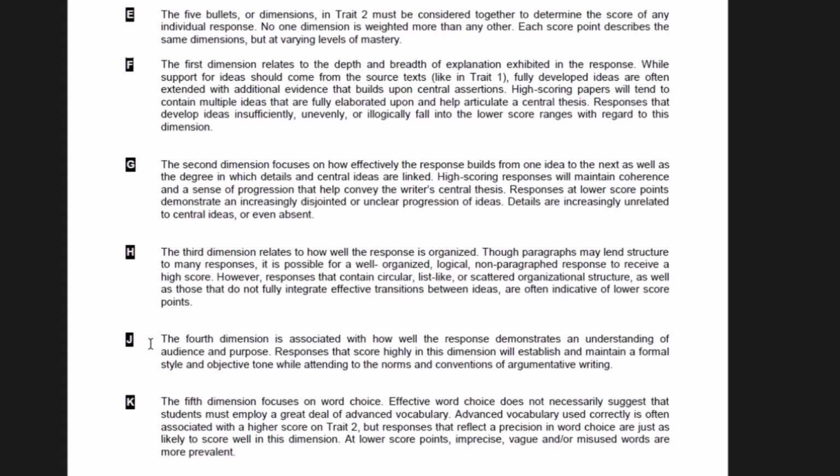The fourth dimension is associated with how well the response demonstrates an understanding of audience and purpose. Responses that score highly in this dimension will establish and maintain a formal style and objective tone while attending to the norms and conventions of argumentative writing.